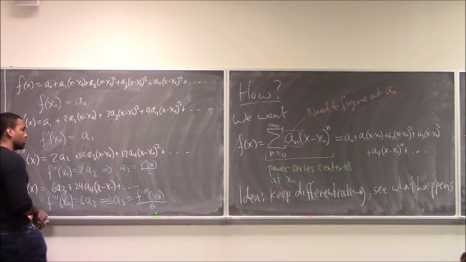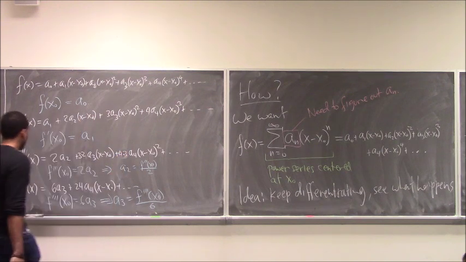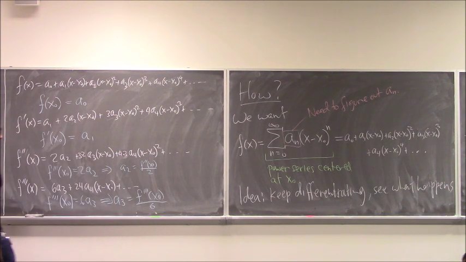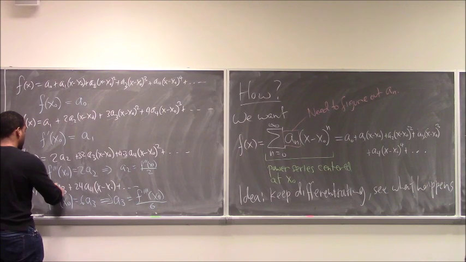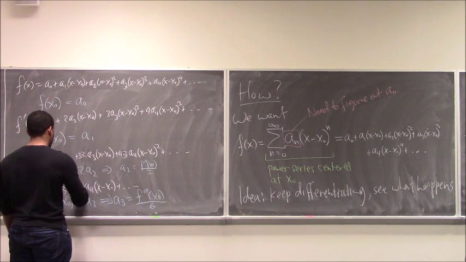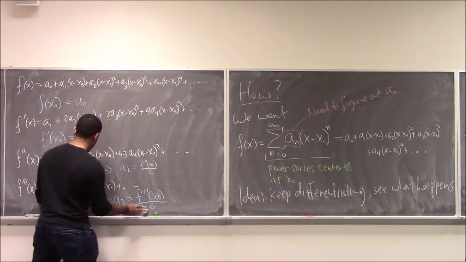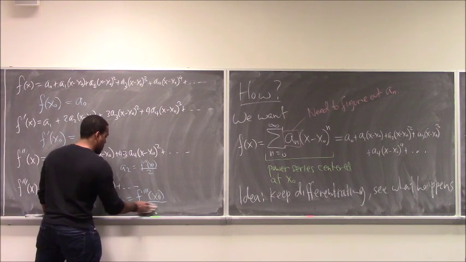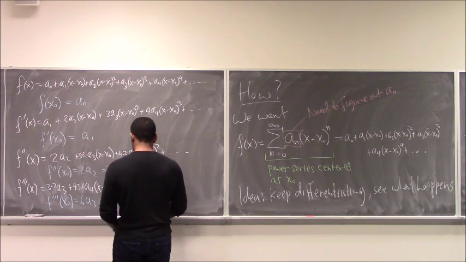And so here, I can think of this as the 4 times the 3 times the 2. And this guy is going to be actually 3 times 2.